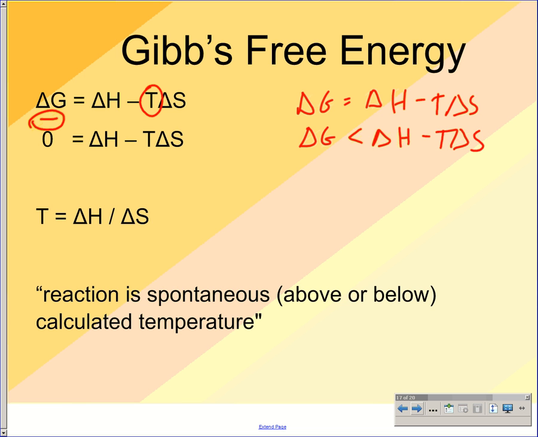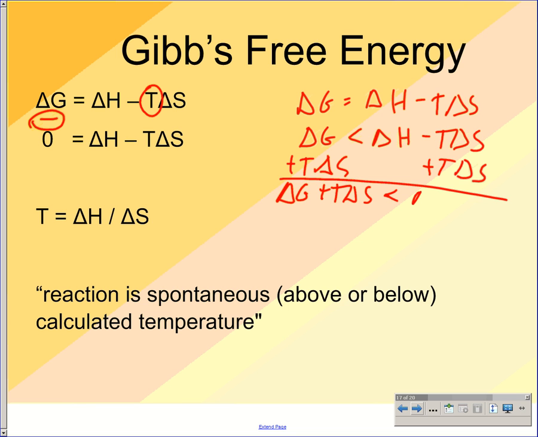You have to divide. You add the T to the other side, divided by T. I'm going to get rid of that negative, so I'll do it this way first. Less than delta H. That's only because if you have a negative number and you divide by a negative number, what happens to your inequality? You flip it. This is like what, algebra 2? I want to solve for T though. So now I'm going to minus my delta G.